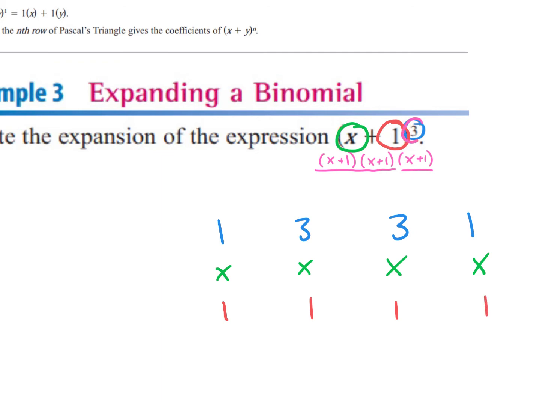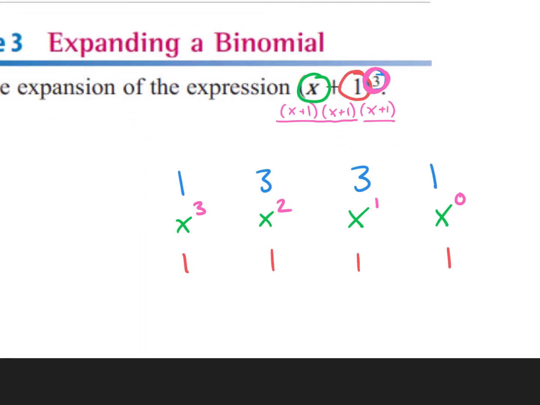Now whatever our exponent is, that's what we start with as the exponent for our x's, so it'd be x to the third power. And then from there we decrease by 1, so 3, 2, 1, 0. For the second term's exponents, we do it in reverse.